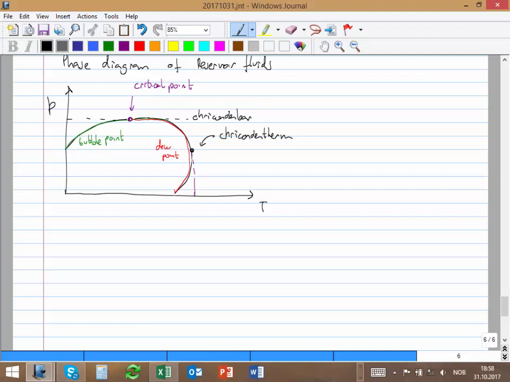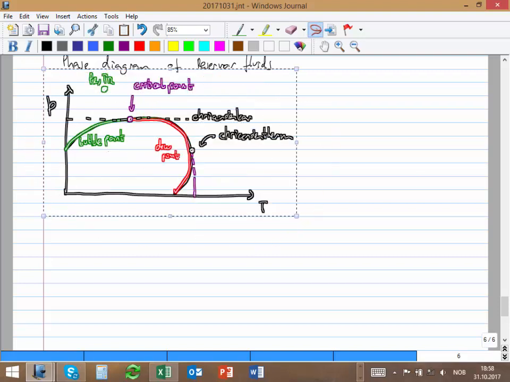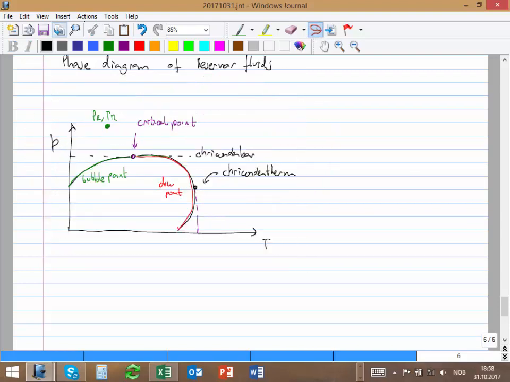Now, usually for oil reservoirs, if the reservoir is undersaturated, we are here. That's initial reservoir pressure and reservoir temperature. When we start flowing through the system, from the wellbore, the bottom hole, in the reservoir you don't have much change in temperature, so it goes just down like this. That's the PWF, the flowing bottom hole pressure.